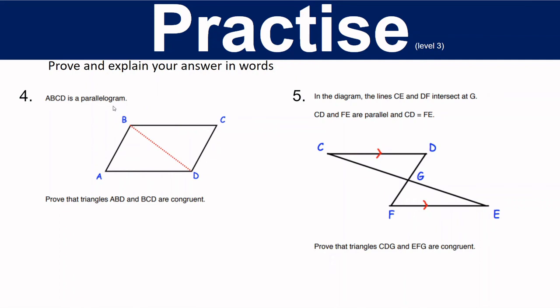Question 4 is a parallelogram made up of 2 triangles. A, B, D is one triangle, and B, C, D is another triangle. Prove that they're congruent and explain how you've proven it. And question 5 has a diagram where the lines CE and DF intersect, they cross at this point G here.